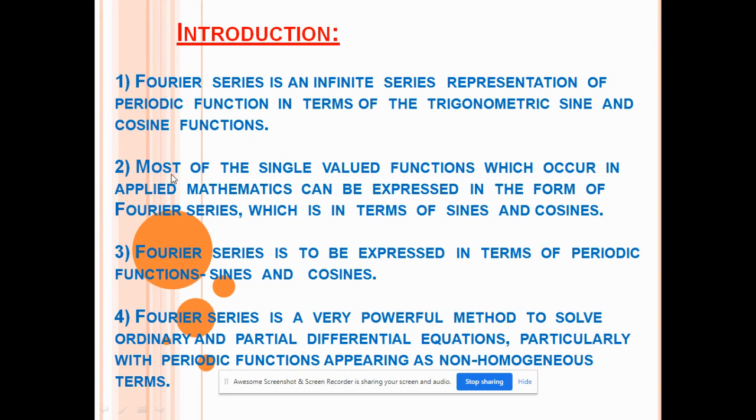Then the second point is, most of the single valued functions which occur in applied mathematics can be expressed in the form of Fourier series, which is in terms of sine and cosine. Next, the third point is, Fourier series is to be expressed in terms of periodic functions, sines and cosines.